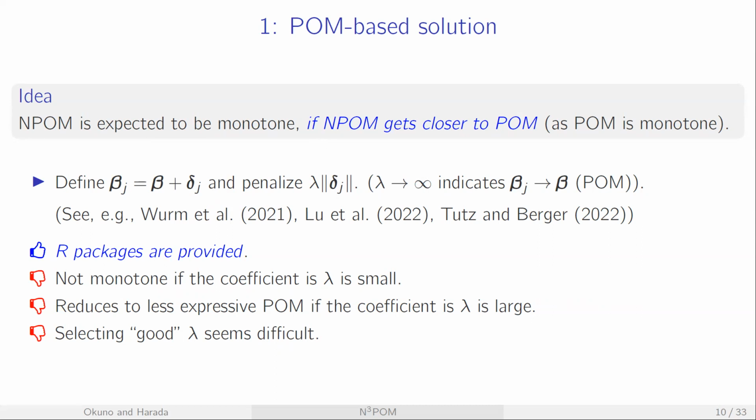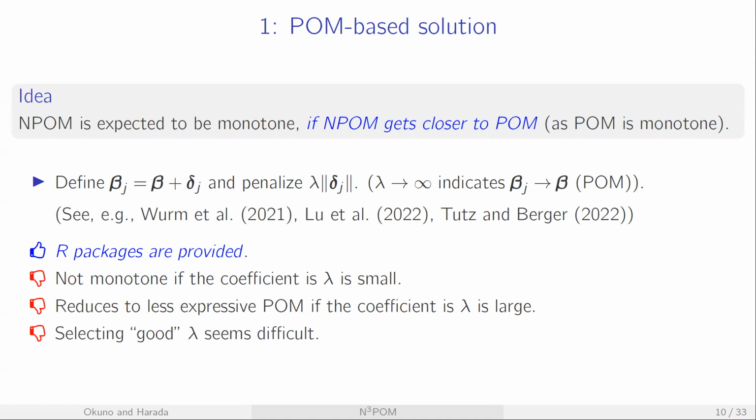In this formulation, as you can see, if the penalty coefficient lambda goes to infinity, then beta j approaches the constant coefficient beta. So the NPOM with large lambda is approximated by the POM, and this NPOM is expected to be monotone.